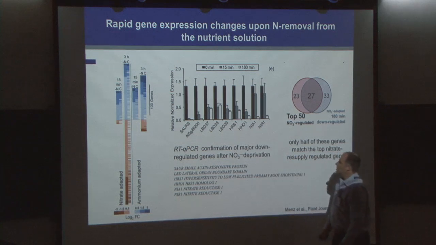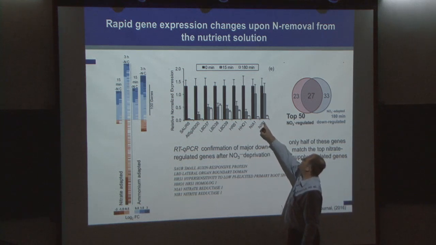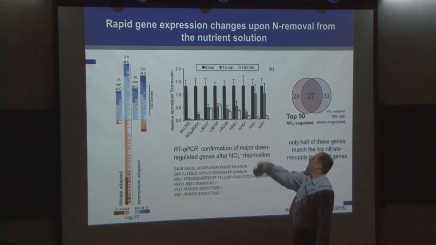HRS and HHO are two transcription factors that had been, during our study, also identified by others as major regulators of somehow the combined transcriptional response to phosphorus and nitrogen. Also makes sense somehow.